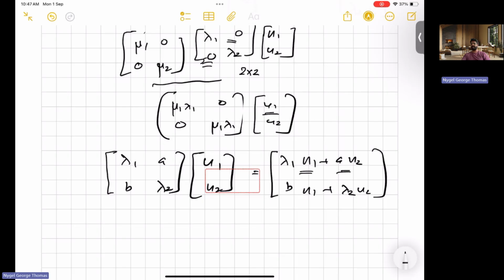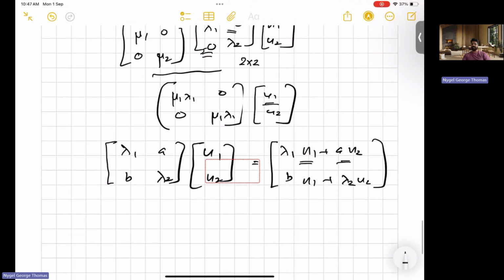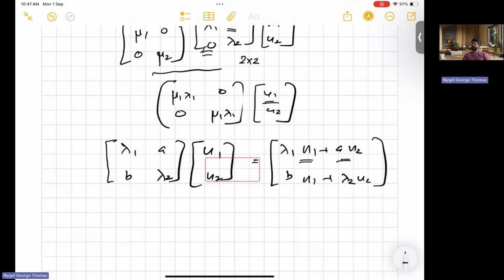Now, in earlier cases we were considering only the diagonal matrix, but now we have a full matrix. It's not a special matrix like a triangular matrix or a diagonal matrix or identity matrix or anything like that. We have a general matrix. Then we can actually take the linear combination, scale the components with multiple scaling factors, add the components in between in some scaled fashion, and add them together.